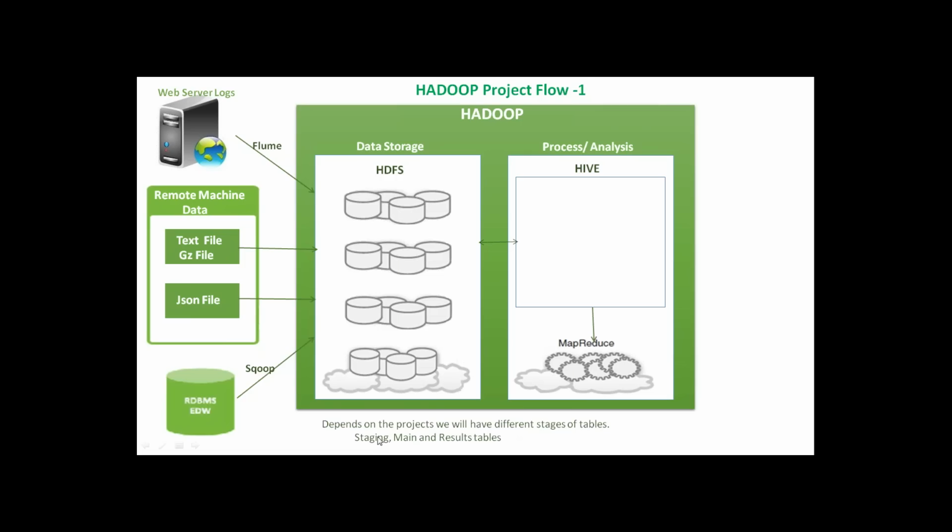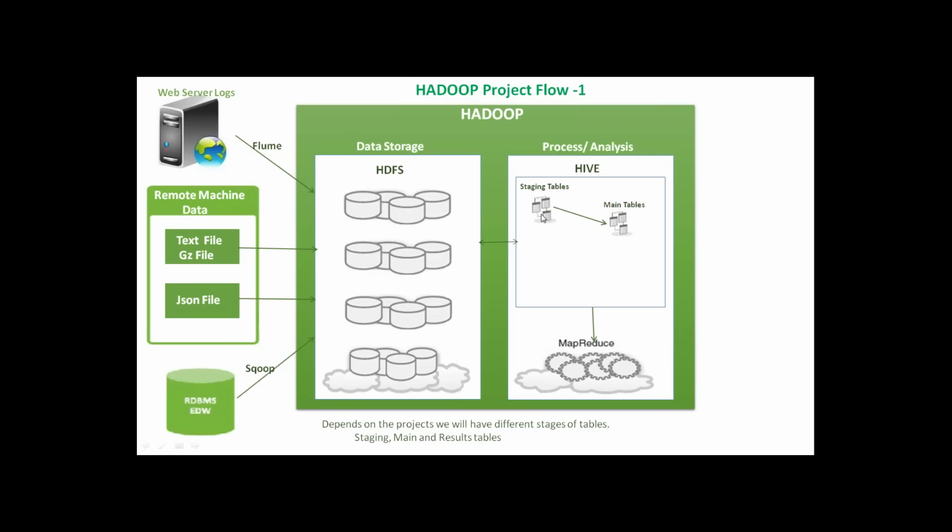Staging is whatever data we load initially. Suppose I want to load JSON data or Avro data. Apart from the fields we want, there will be unnecessary fields and data also. So instead of analyzing the data on those tables, we first load the data into a staging table.